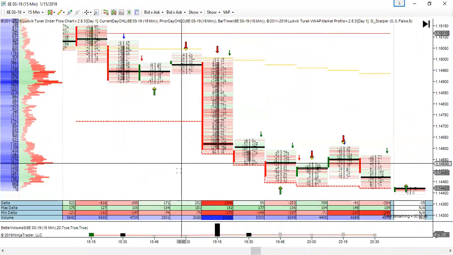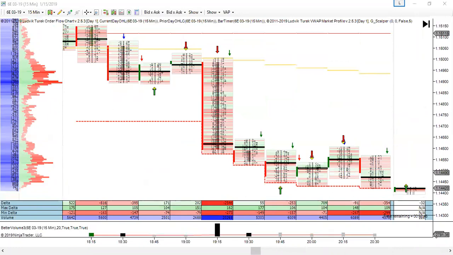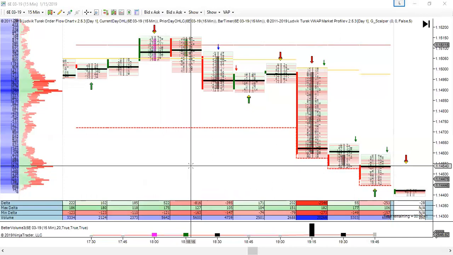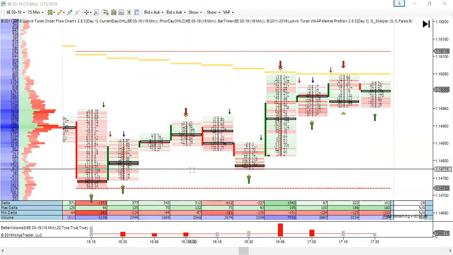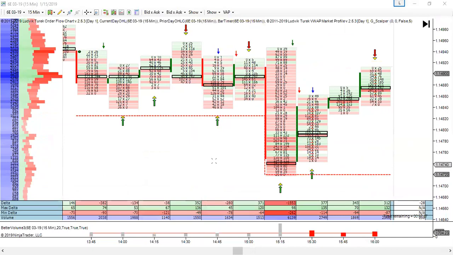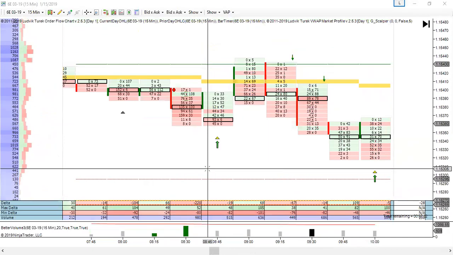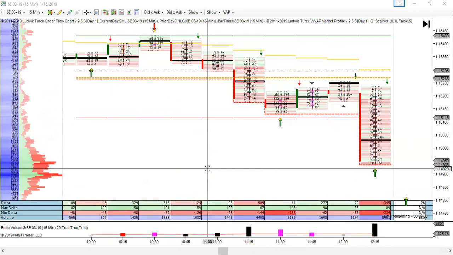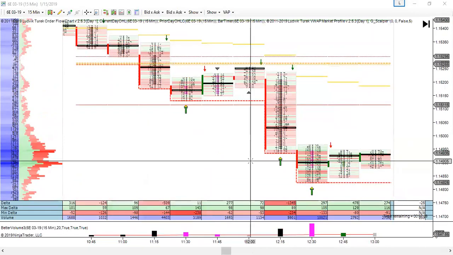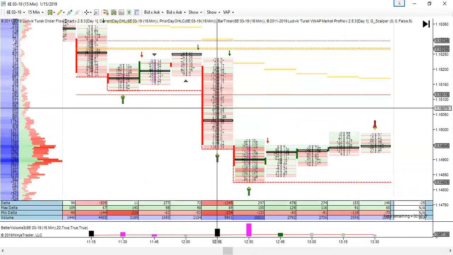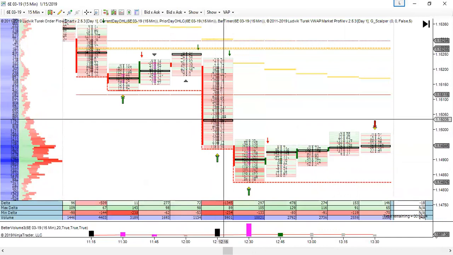The candlestick we're interested in was made at 12:15. Okay, so this is the first candlestick right here.